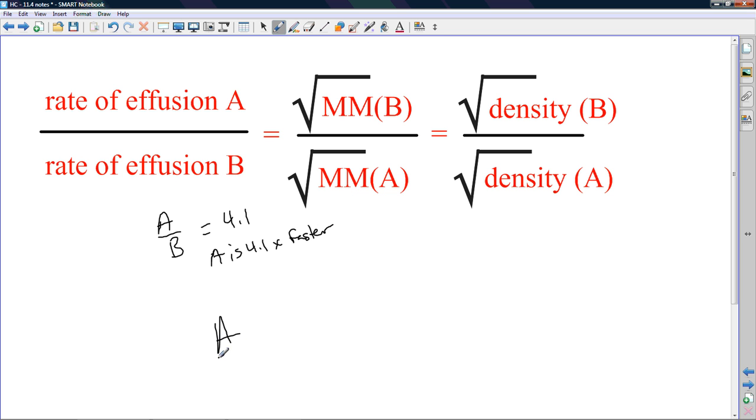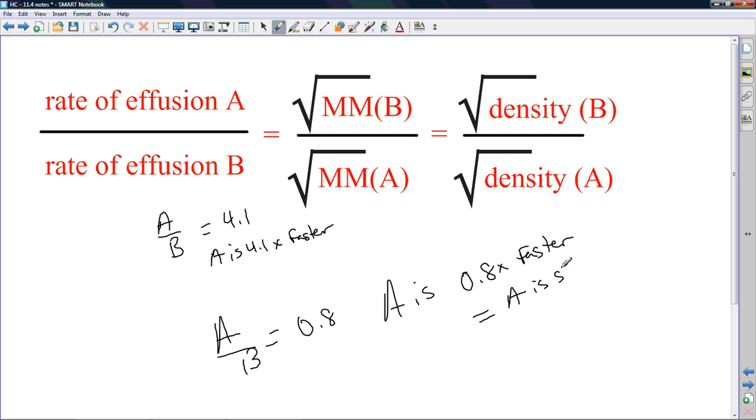If we do this calculation and A over B ends up being 0.8, that means A is 0.8 times faster, which actually means A is slower than B. All right, so that's what we're looking for.